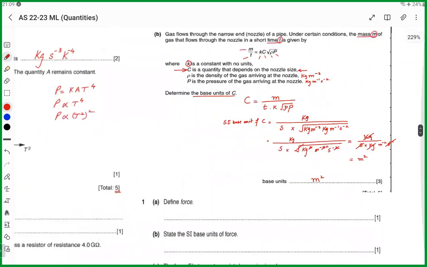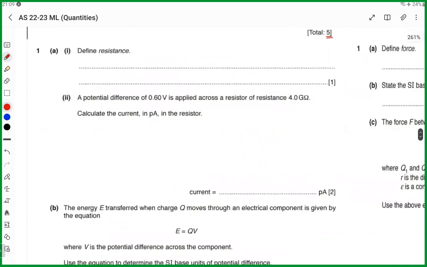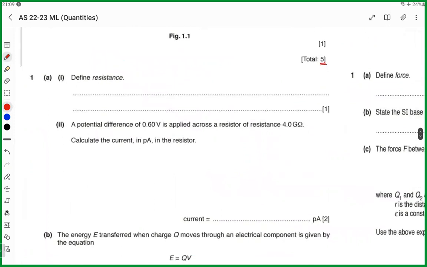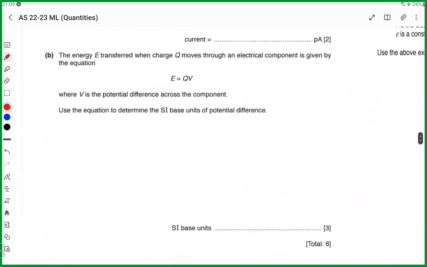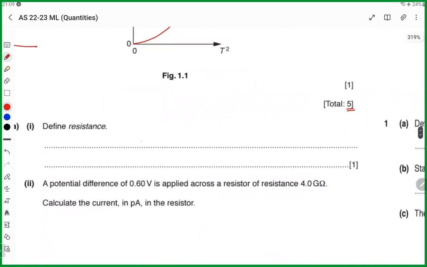Okay. Now, define resistance. How do we define resistance? So the basic formula that you have already done in previous classes, I hope you remember, V equals to IR.